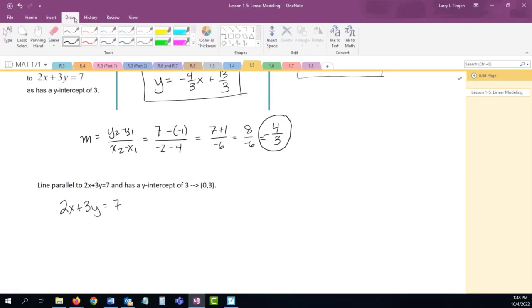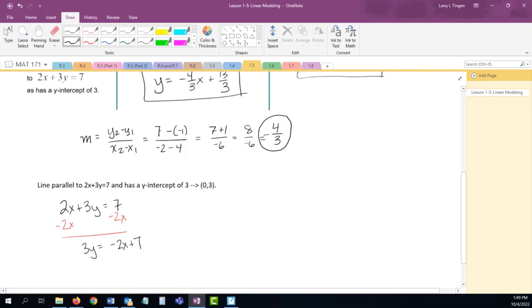So everything with a y to one side, everything without to the other. 2x minus 2x is 0. 3y is equal to 7 minus 2x, the same thing as negative 2x plus 7.